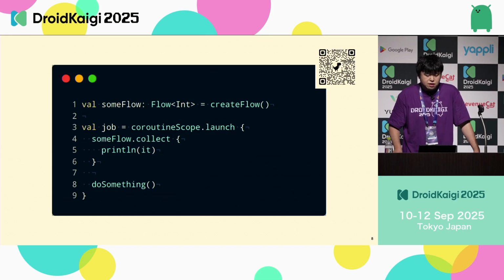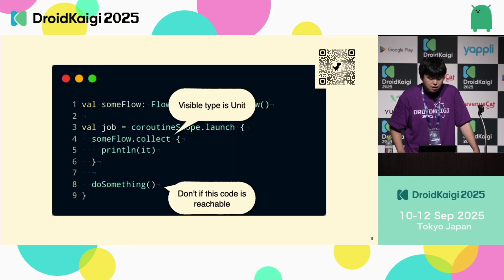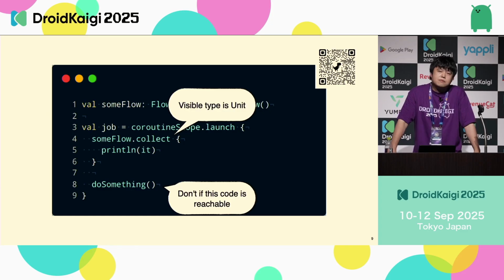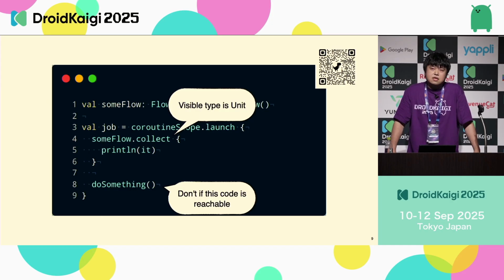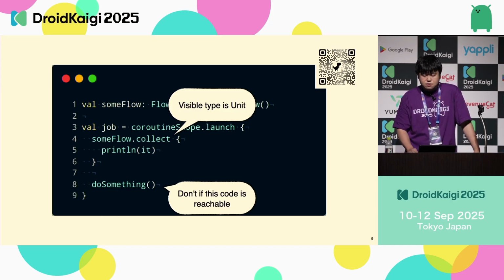The signature of its return type is the Flow interface. This code will print values coming from some flow instance, but we cannot know if do something will be executed or not. If this some flow instance is a non-completable flow, then do something will never be executed.